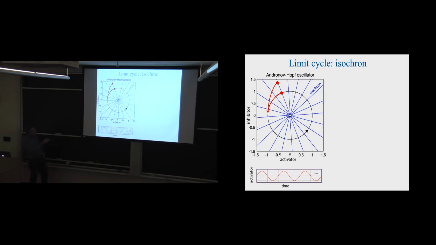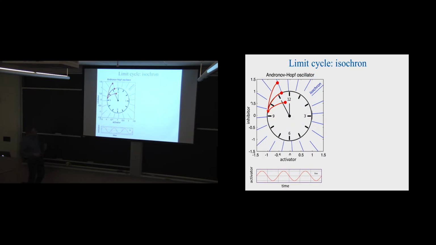Therefore, there has to be a mapping from the m-dimensional space of the chemicals to the one-dimensional space of the limit cycle. So any point along this isochron, these lines of equal phase, no matter where I start on this line, I end up at the same point on the limit cycle. This concept of isochrons is a fundamental concept in nonlinear dynamics.